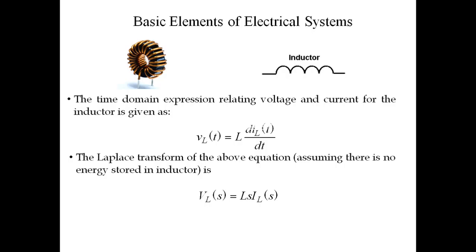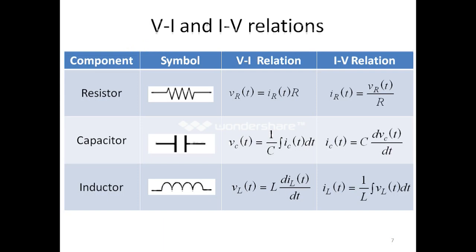The Laplace transform of the above equation, assuming there is no energy stored in the inductor, is capital VL of S is equal to capital L into S into IL of S. So this is the simple expression we get in the Laplace domain for inductor, capacitor and resistor.